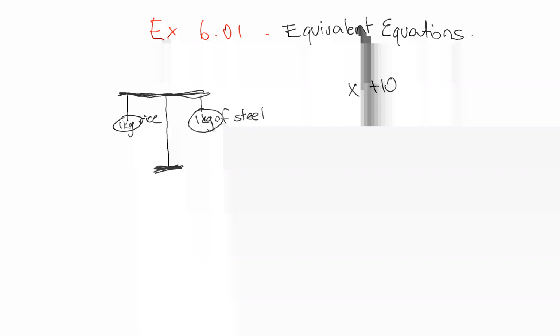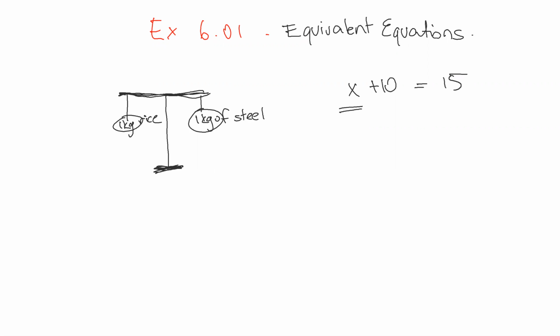So let's say you've got x plus 10 is equal to 15. What that means is that we need to figure out what x is going to be. Normally, if you use your logic, you can find out what x is, because something plus 10 has to equal 15.